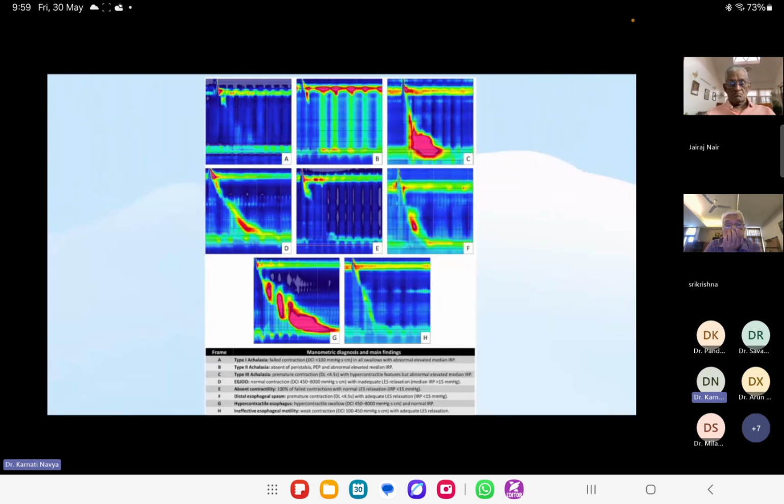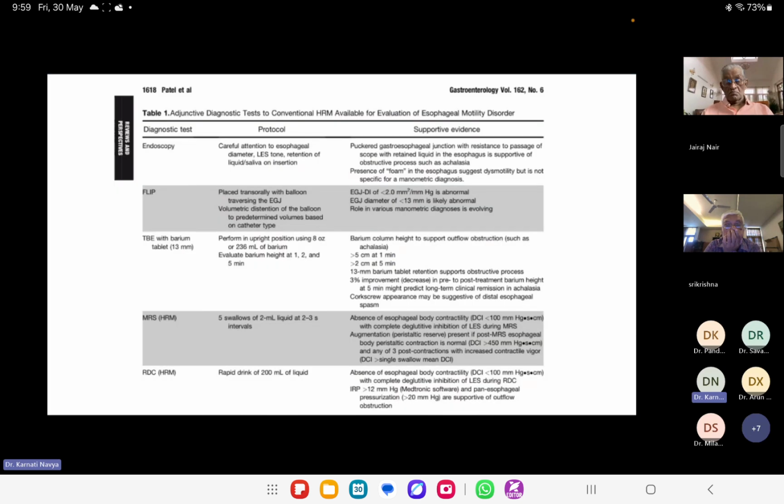In image G, the hypercontractile esophagus, you can see the distal part of the esophagus has an expanded inversion towards the x-axis, which indicates the distal contractile integral is higher, more than 8,000 mmHg. And in H, you can see there is a faint contractility along the length of the esophagus, which is the ineffective esophageal motility.